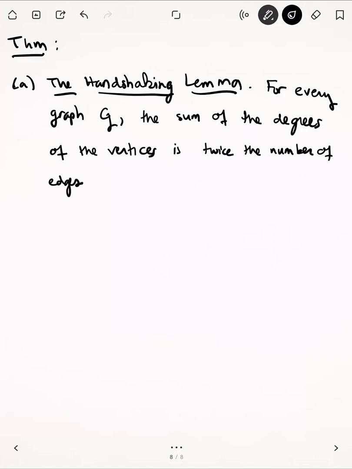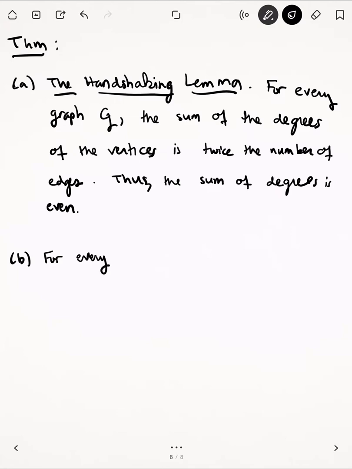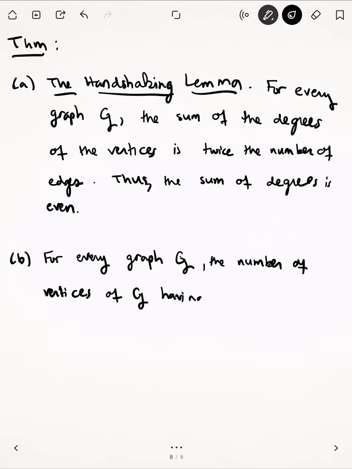Okay. Thus, the sum of degrees is even. And B, for every graph G, the number of vertices of G having odd degree is even.